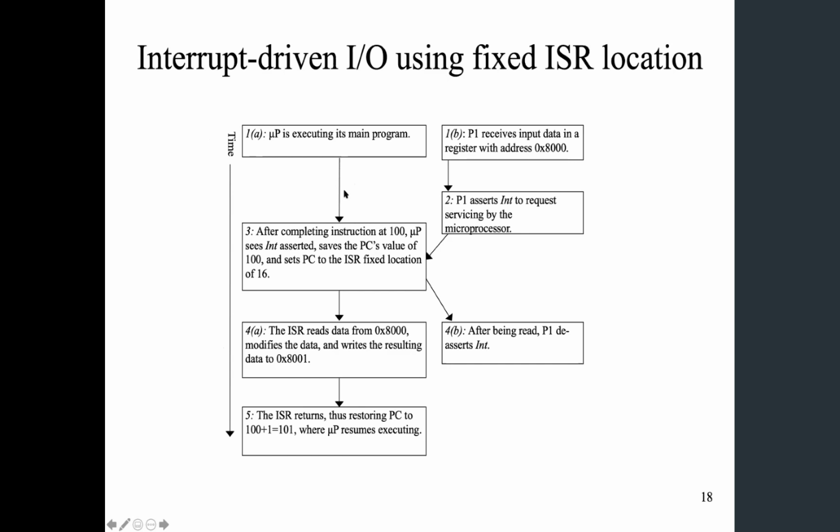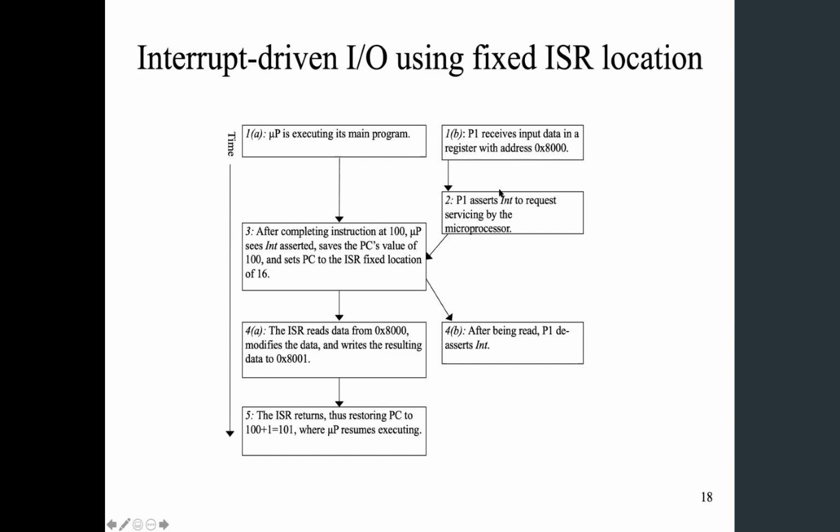You can see there are several things happening, which we will show using animation in the next few slides. But essentially, the microcontroller will execute a few things, and while it's executing its main program, this peripheral may receive data, and the data will be put into its register, and the register has address 8000 in hexadecimal.